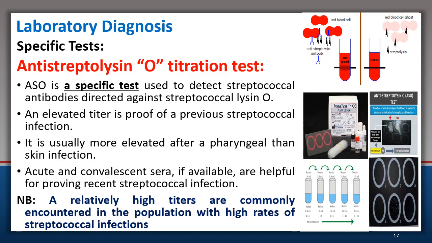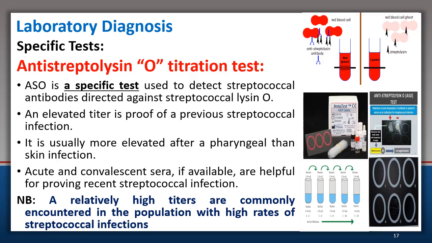It mainly depends on detection of antibodies against streptolysin O, a hemolysin that is produced by beta hemolytic streptococci, and it is hemolytically active only in the reduced state. An elevation in the titer is proof of a previous streptococcal infection.